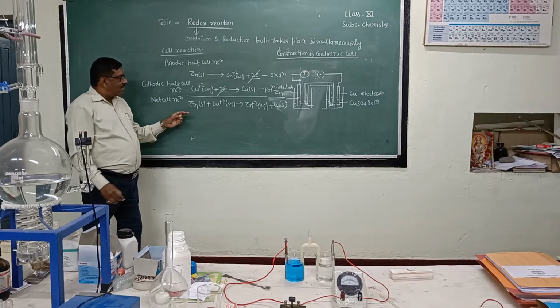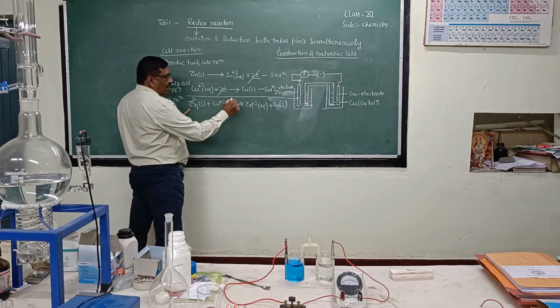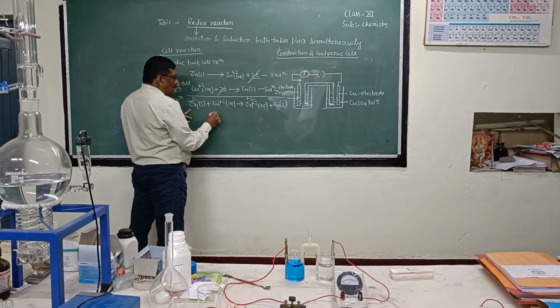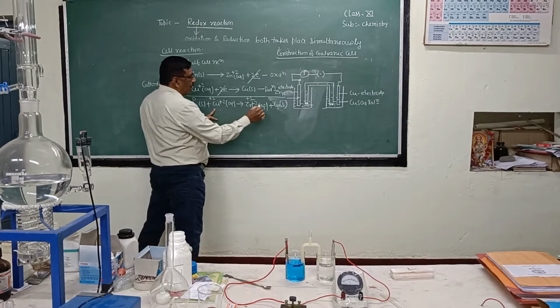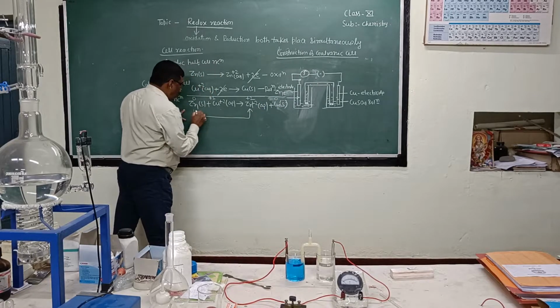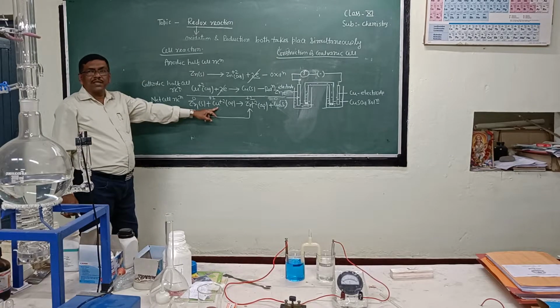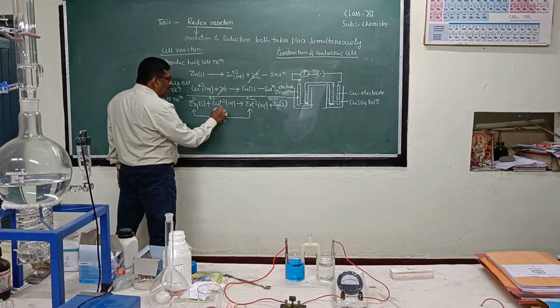In these reactions, the oxidation number of zinc is 0 and here it is +2. The oxidation number of copper ions is +2 and in this case copper is 0. So here the oxidation number of zinc increases, so this is an oxidation process.